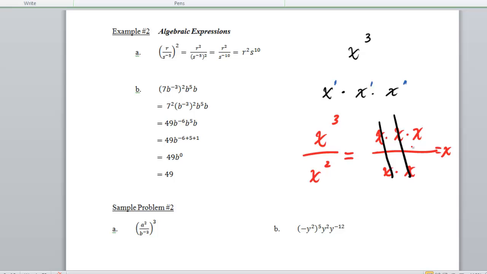Now, the reason that we can cancel these top and bottom terms is because they're being multiplied together. So if they were being added together, you cannot do that. So remember, in its simplest form, a base being raised to a power is just how many multiples of that value we have. So you can see here, part A and B, a couple of examples.